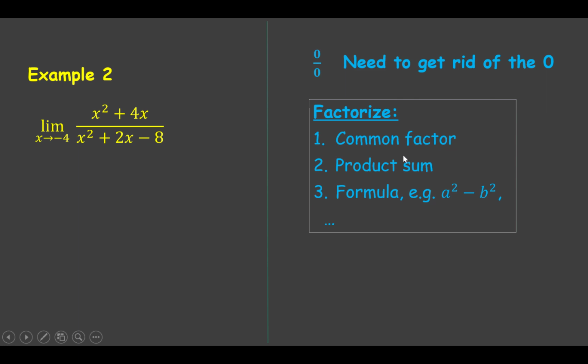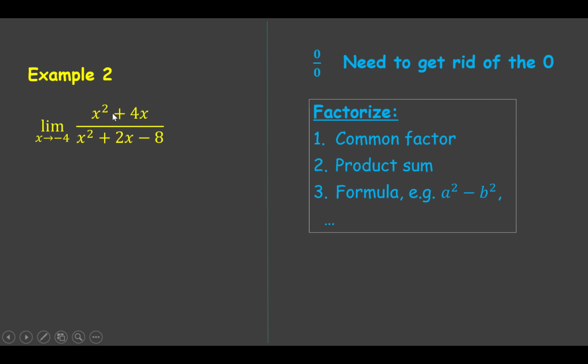One is to take out a common factor, and one is to use the so-called product sum method, and more generally cross multiplication. We're going to explain the product sum in this problem. And then sometimes we use formulas like the a squared minus b squared formula, and we're going to explain that on the next page. So for this problem, let's try to factorize the top and the bottom.